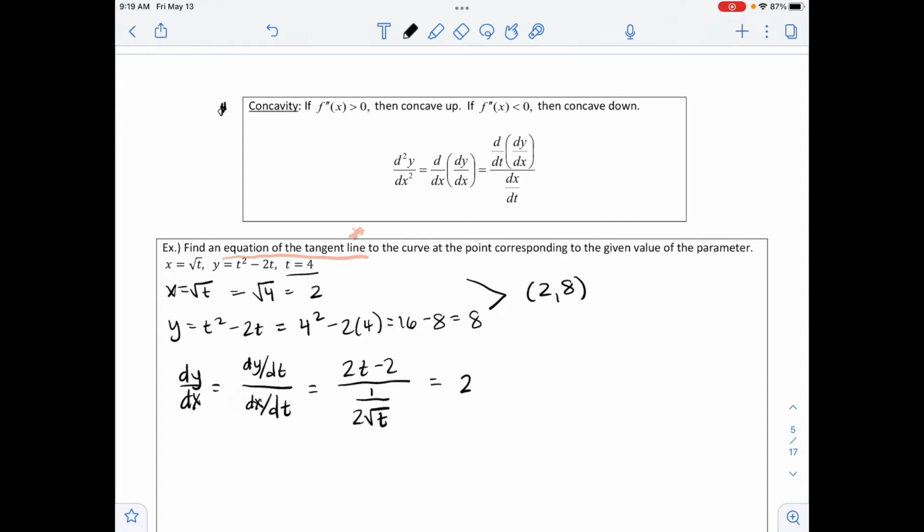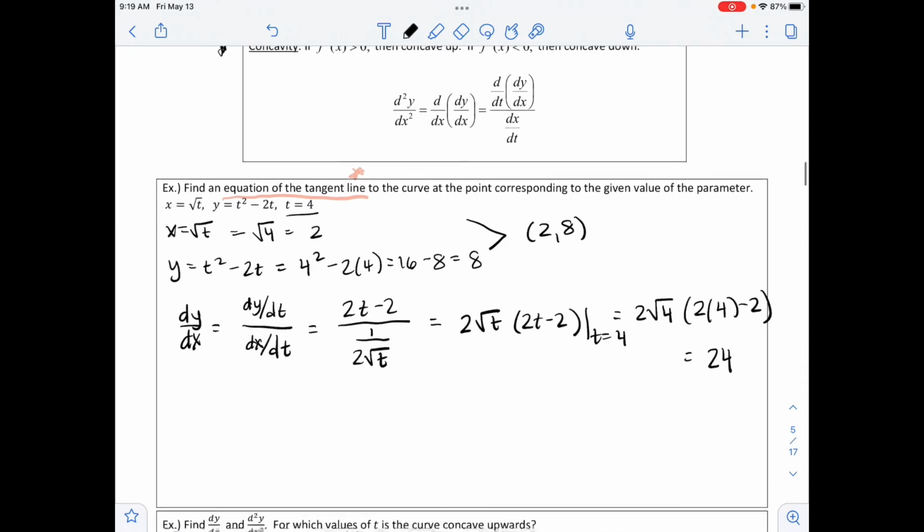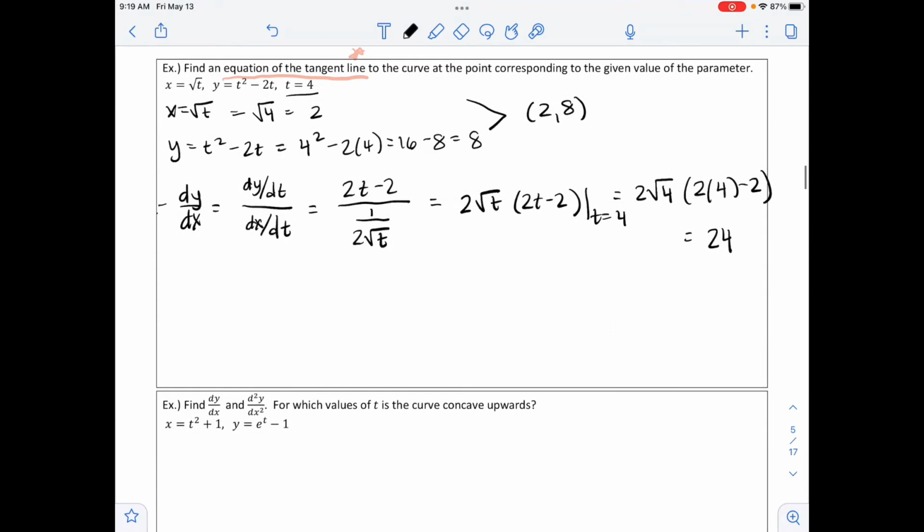Simplifying this, we get 2 times the square root of t times 2t minus 2. Again, the value of t for us is 4, so we substitute in 4. Doing that, we get 2 times the square root of 4 times 2 times 4 minus 2, which works out to a value of 24. So that value of 24 would be our slope, dy/dx, and that's the slope of the tangent line.